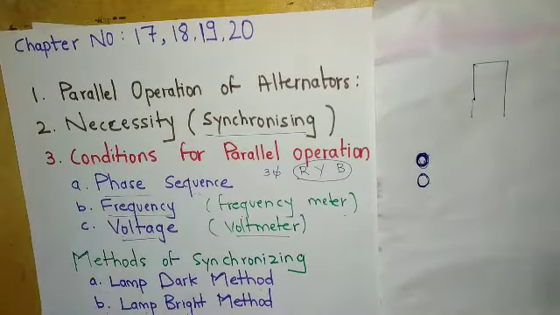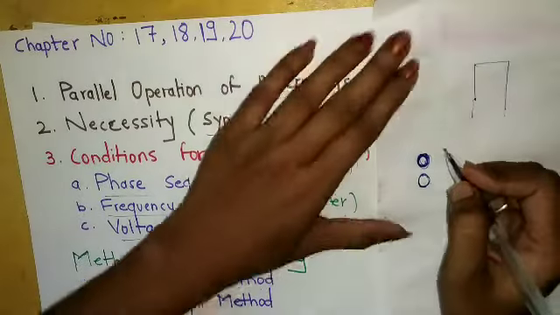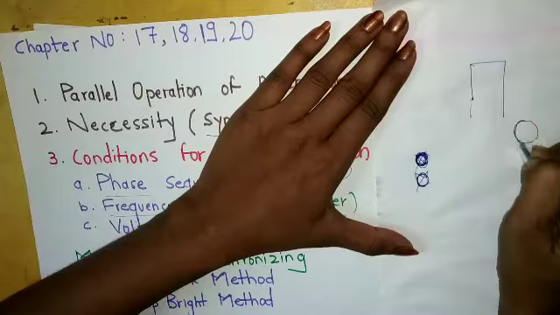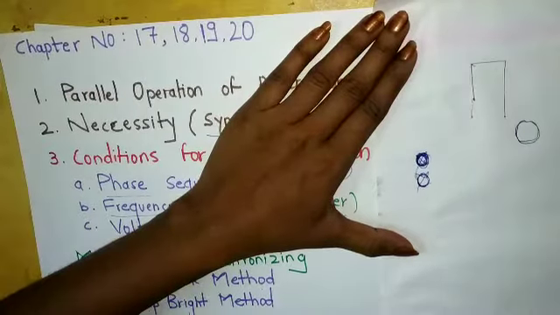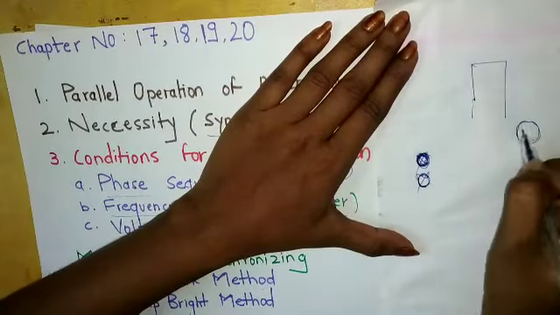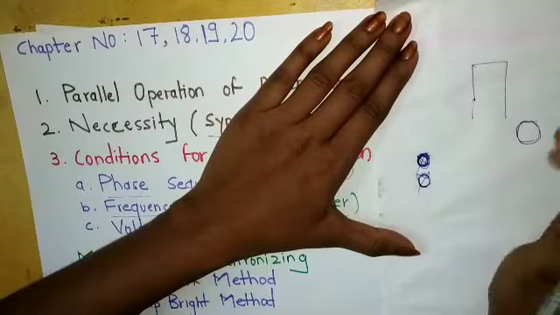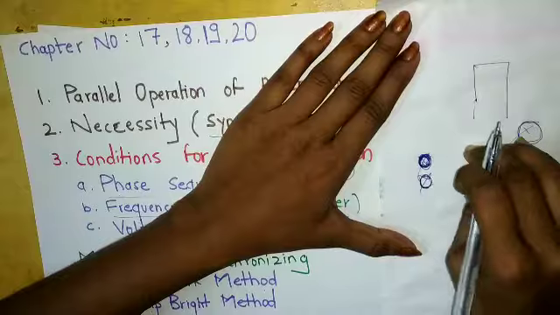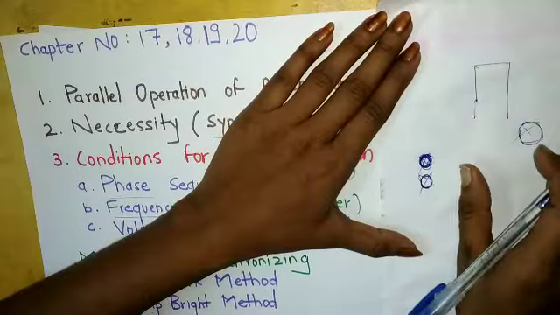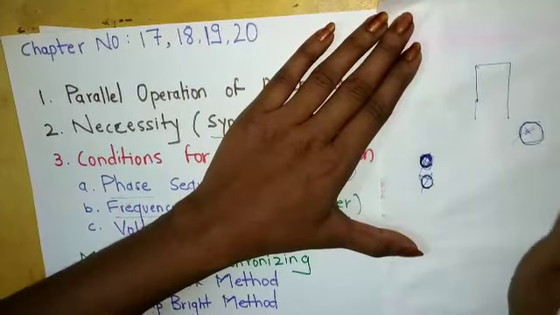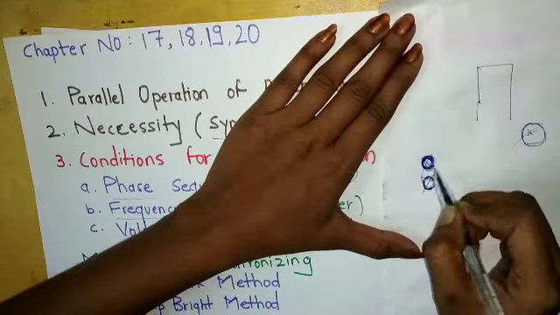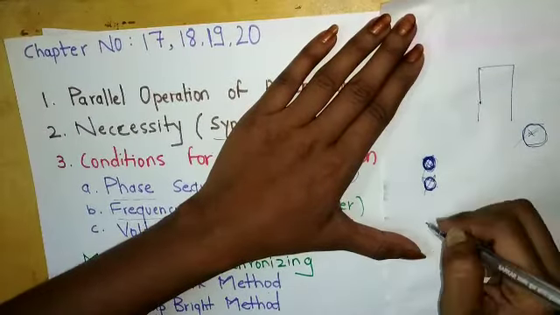Now second necessity: consider there is only one alternator providing the supply to this building. Now due to any fault or whatever happens, this alternator stops working. Then what will happen? The supply to the whole building will get lost, right? Because this is faulty. So to avoid this, we can connect two, or as per requirement more, alternators.